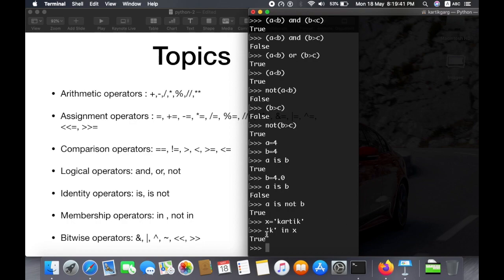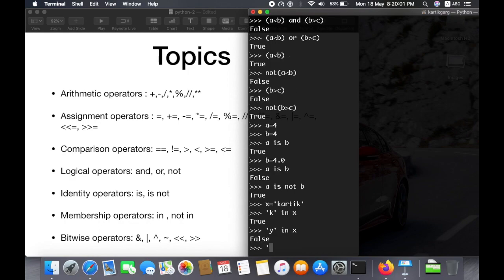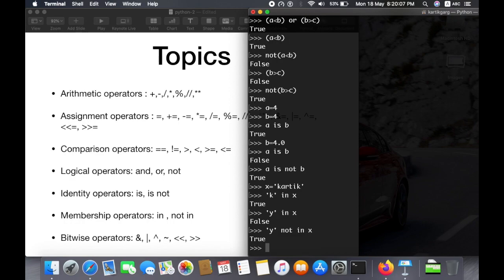It will check the given value in a given string or any other kind of data structure that will be discussed in the next video. And suppose there is no character y here, so if I check y in x, then it would be false, but if I check for y not in x, then it would be true.